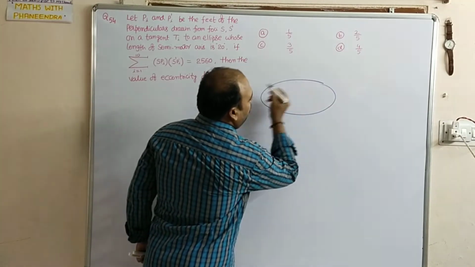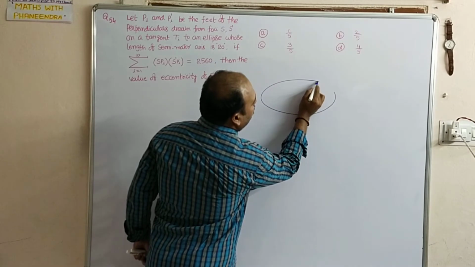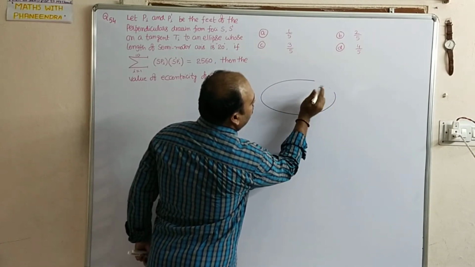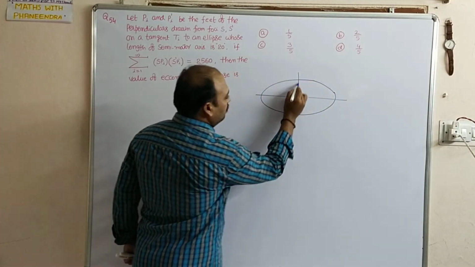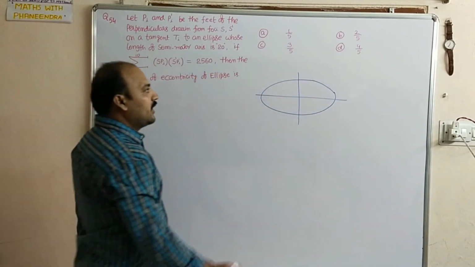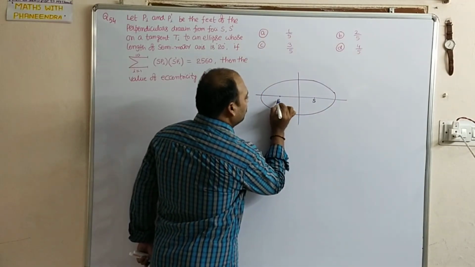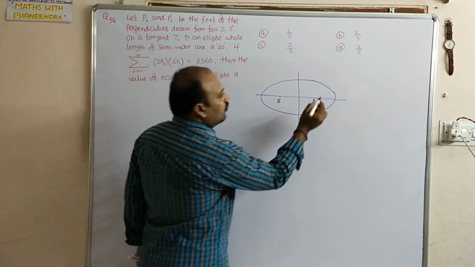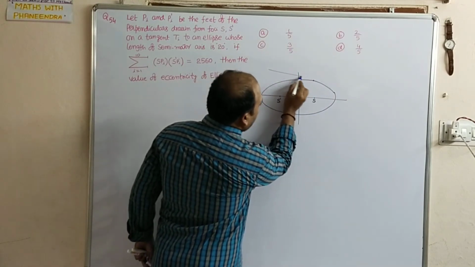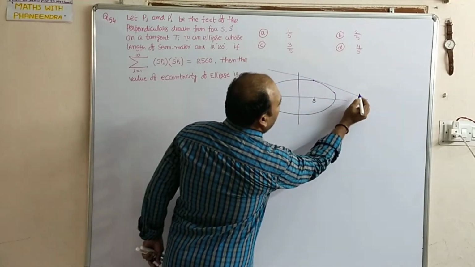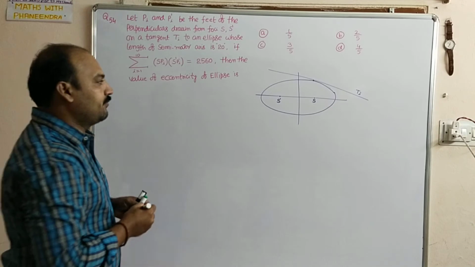This is the ellipse figure. S and S dash are the foci. From here, we have to draw one tangent. This is the tangent Ti, the ith tangent of the ellipse.